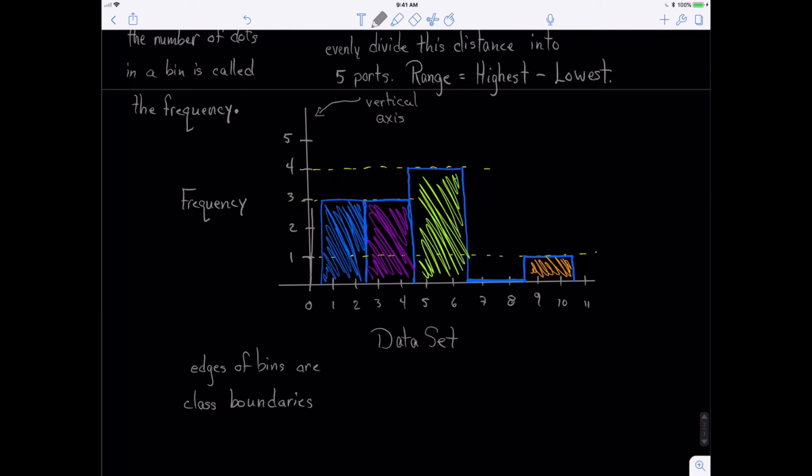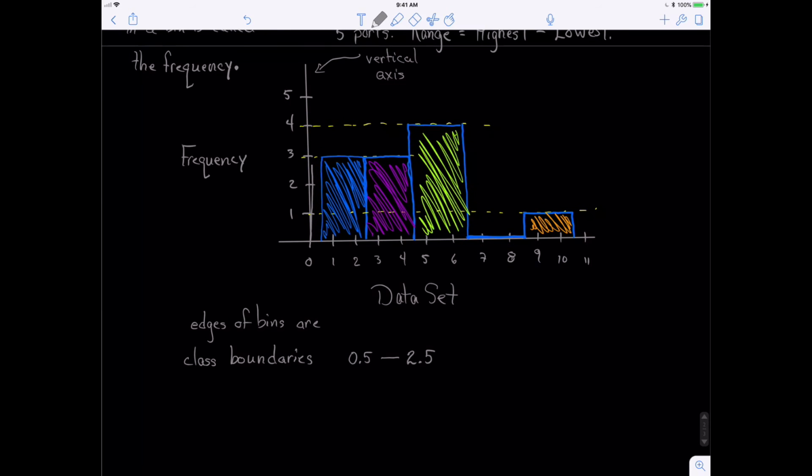So our first class, it starts at 0.5 and it goes up to what? It looks like it goes to 2.5. So that would be our first class with boundaries of 0.5 to 2.5. And notice this, it also has a frequency of 3.